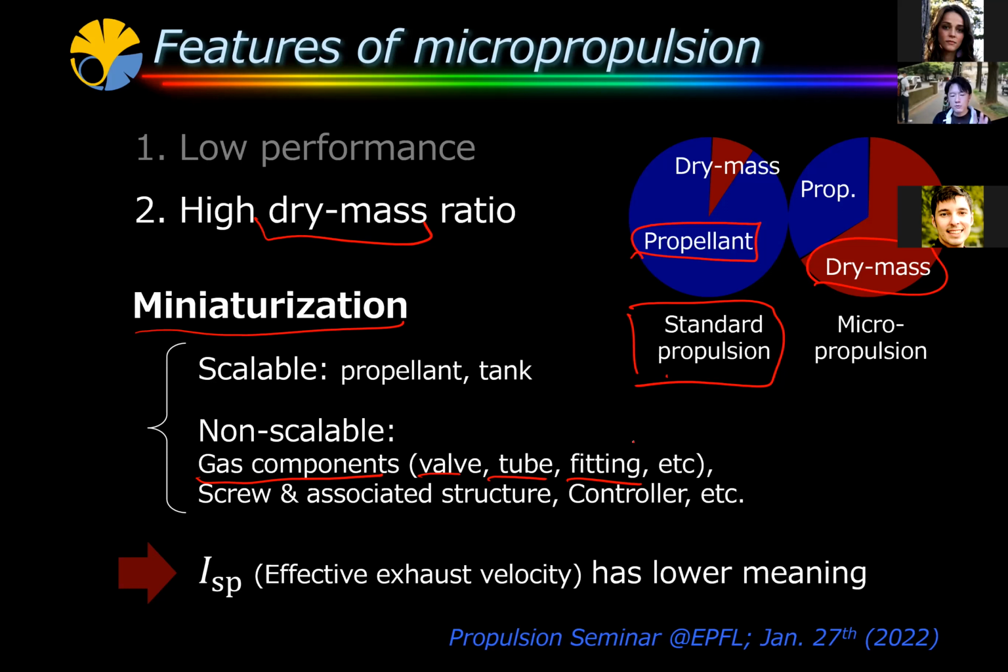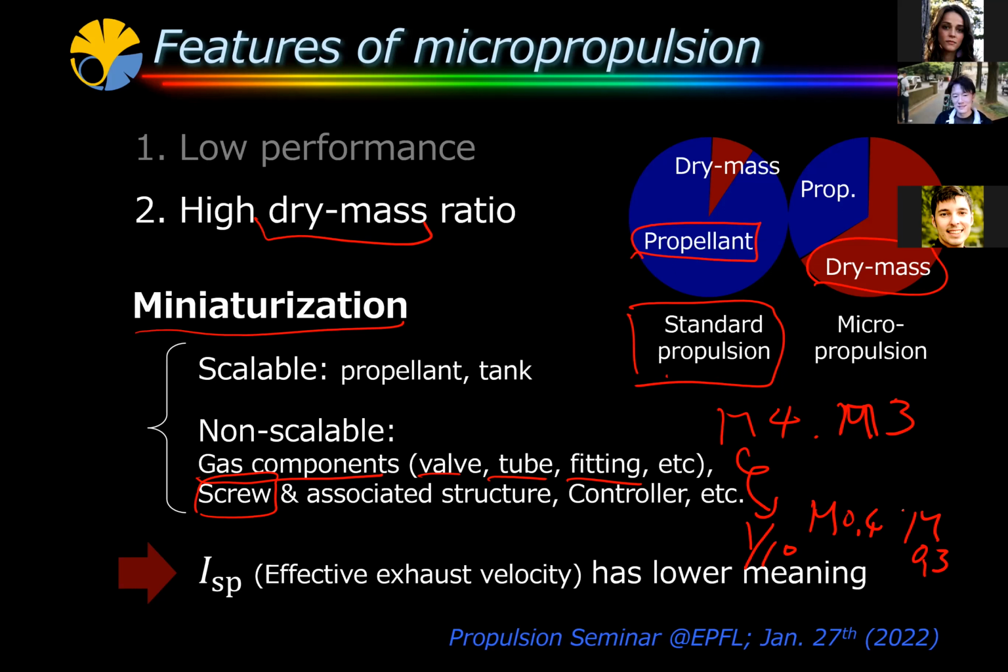Usually, even if you reduce the scale of a propulsion system to 1/10, those components cannot be decreased to 1/10. An easy example would be a screw. When you develop a standard propulsion system, you may use M4 or M3 screws. But when you downscale the size to 1/10, do you use M0.4 or M0.3?